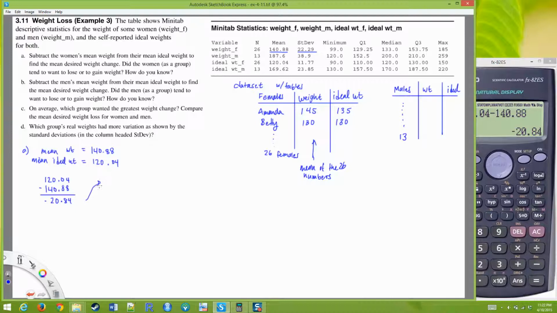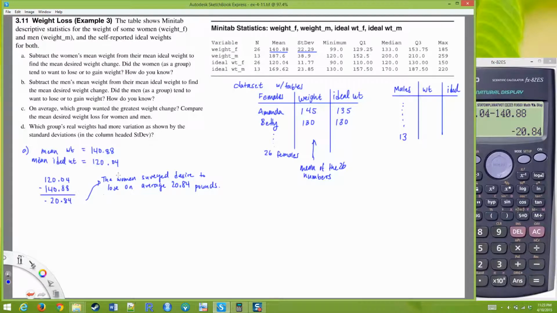So the women surveyed desire to lose on average 20.84 pounds. Did the women want to lose or gain weight?